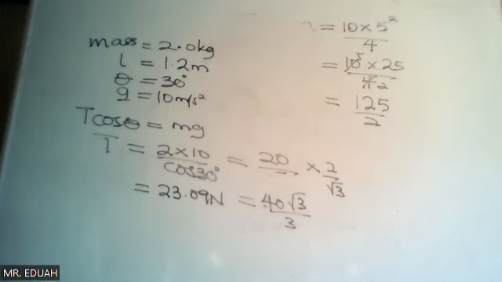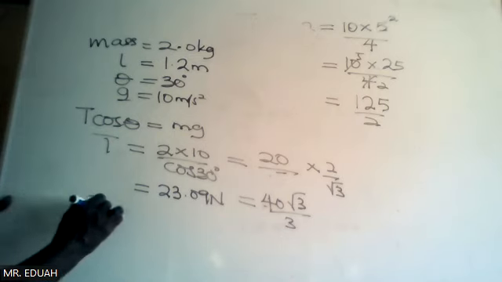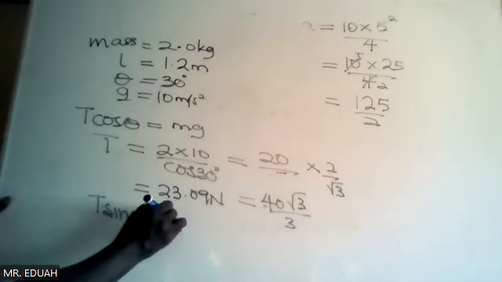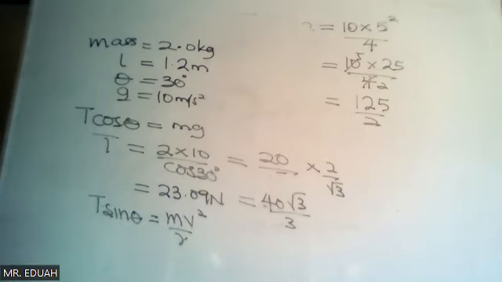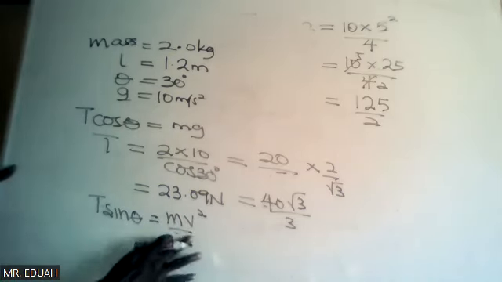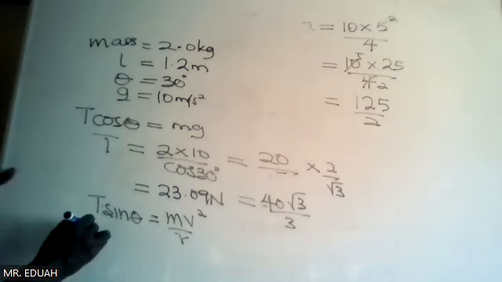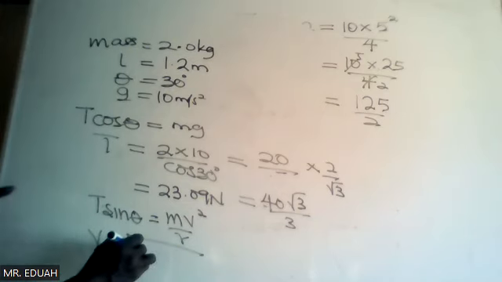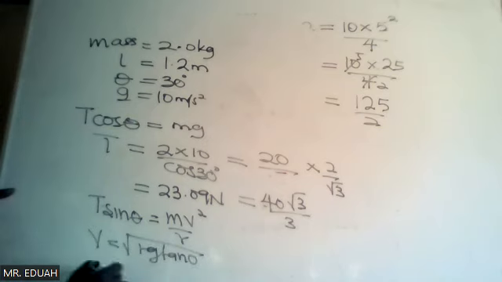Or maybe I want to use the other way. T sine theta is equal to mv squared on r. V is equal to the square root of rg tan theta.